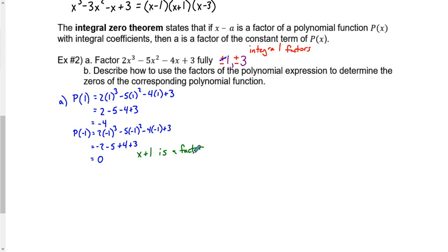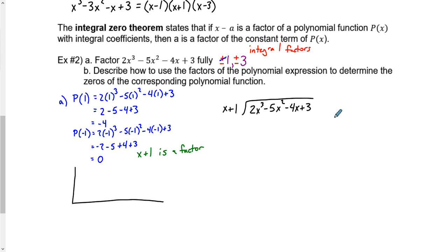If x plus 1 is a factor, it means we can take our 2x cubed minus 5x squared minus 4x plus 3, and it can be divided by an x plus 1.